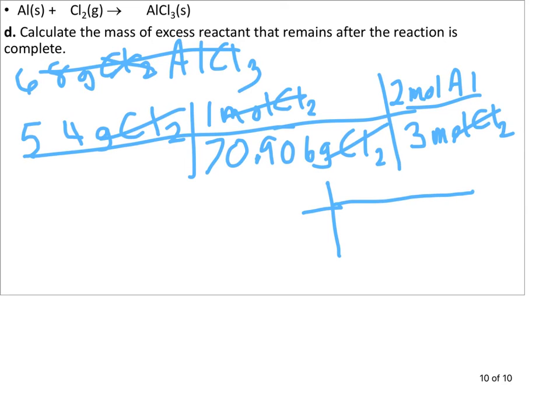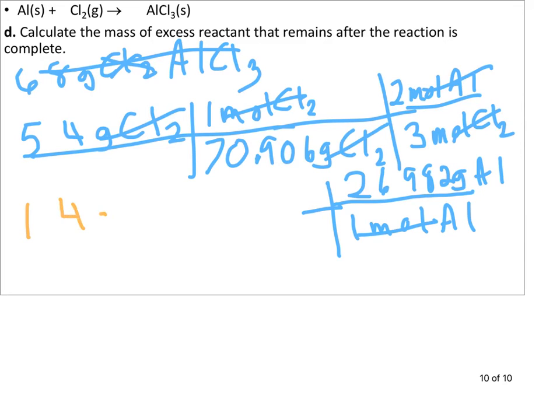Now we want to change from 1 mole of Al. Then our molar mass is 26.982 grams of Al. Moles cancel moles. We do all of our multiplying and dividing, and that results in 1.4 grams of Al used.